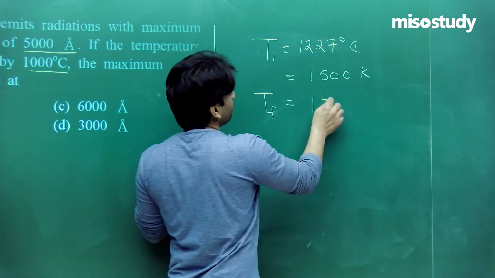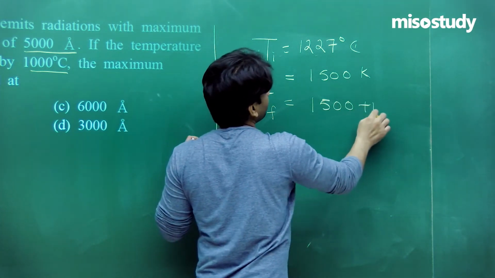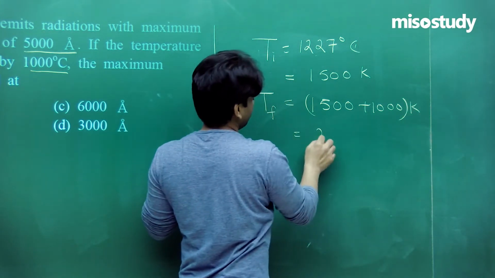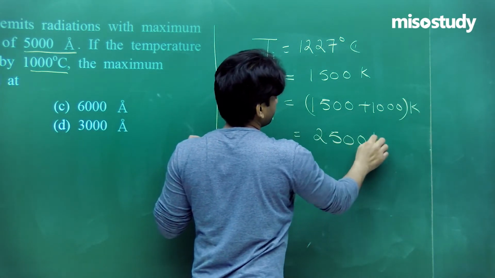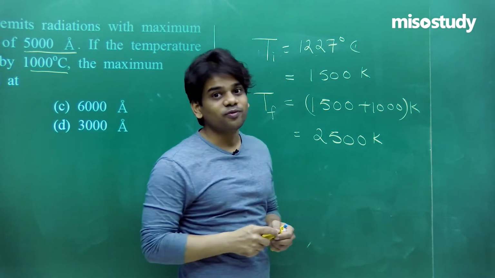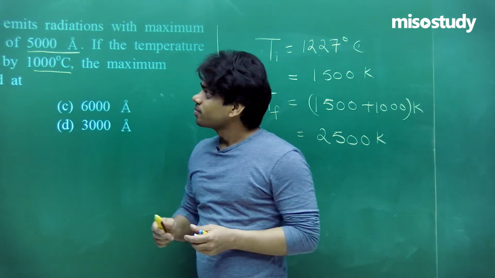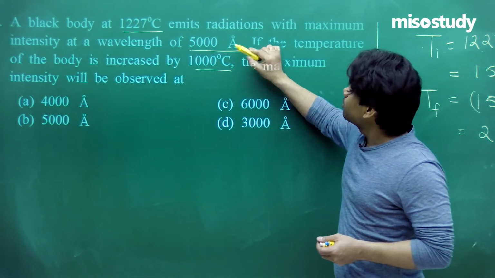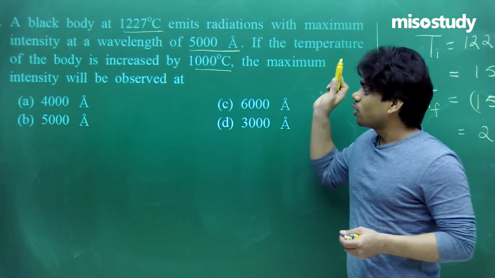So the final temperature will be 1500 plus 1000, 2500 Kelvin. Next, the maximum intensity is at a wavelength of 5000 angstrom.